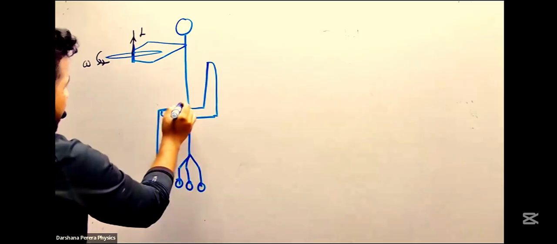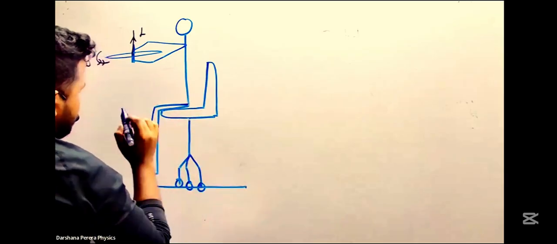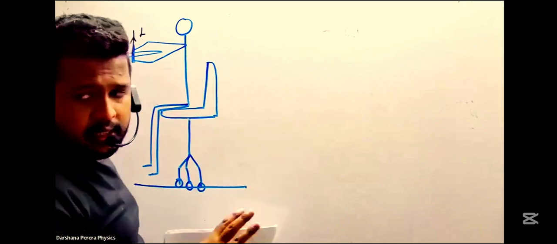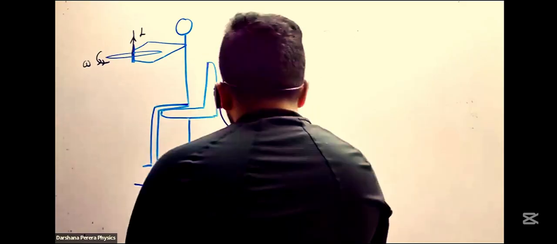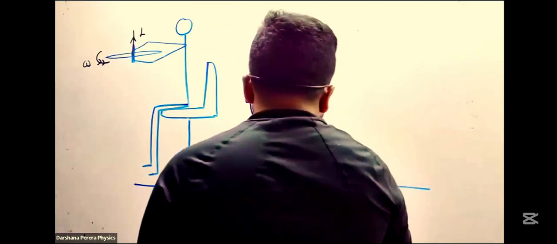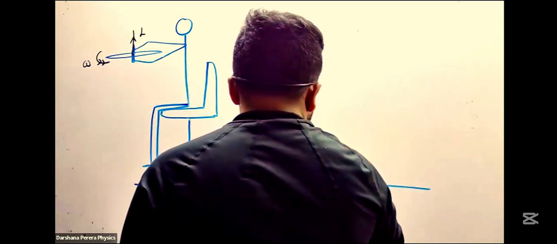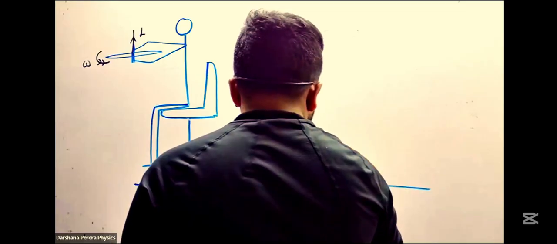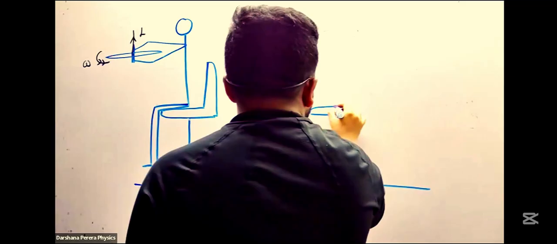Then this man is on the chair, not connected with the earth. This man changes the direction of the cycle wheel.